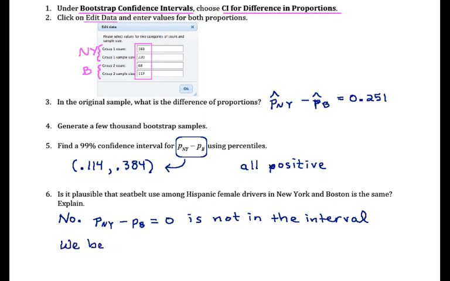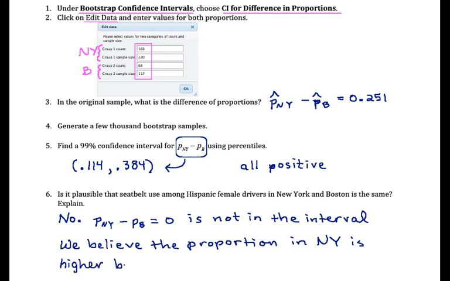We believe the proportion in New York is higher by somewhere between 0.114 and 0.384, or by 11.4% and 38.4% if we were talking about percents rather than proportions.